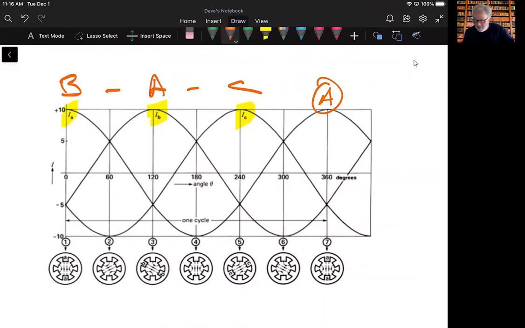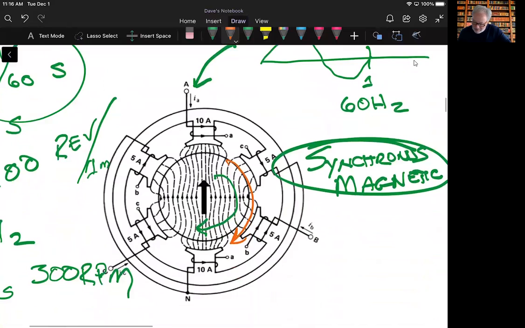When I do that, the field is going to turn in the opposite direction, and when the field turns in the opposite direction, the actual motor is going to turn the opposite way. So what I want you to take away is that swapping any two of the phases in a three-phase motor will cause the machine to reverse direction.